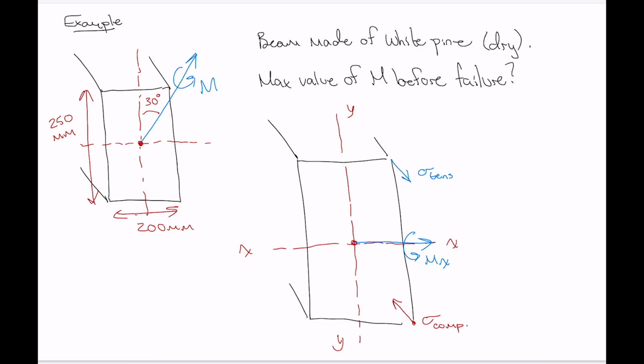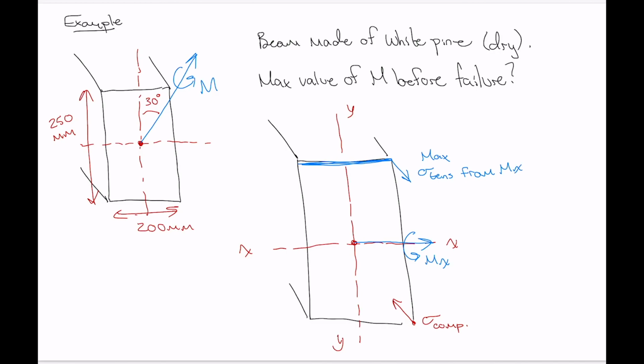And the tensile stress increases within the cross section as we move away from the neutral axis of bending upwards. Tensile stress increases. So maximum tensile stress from Mx will be along the top edge here.